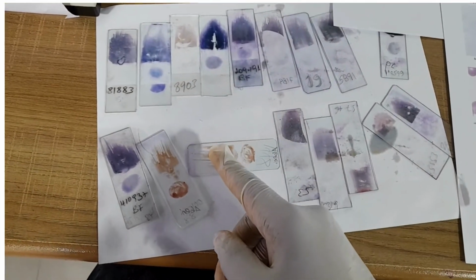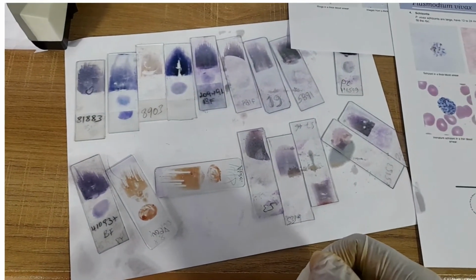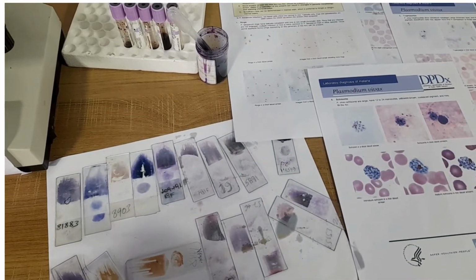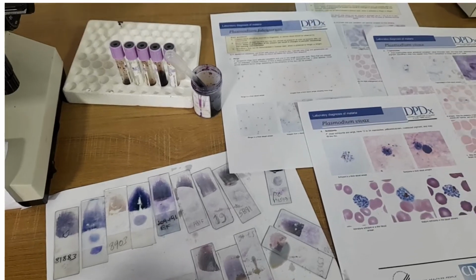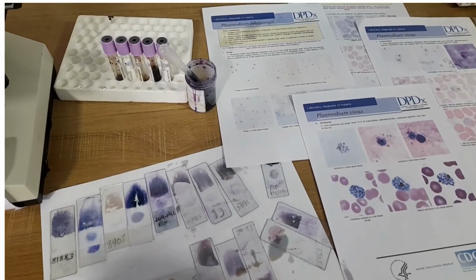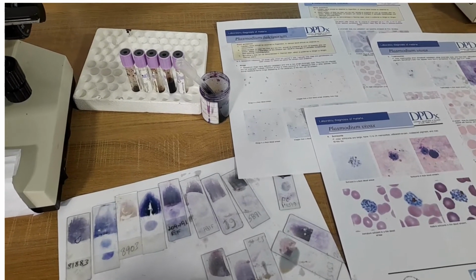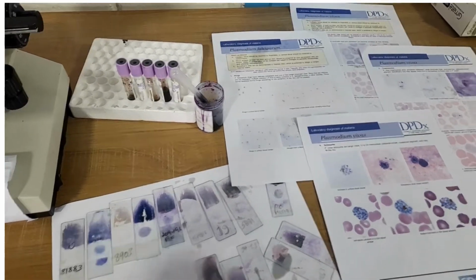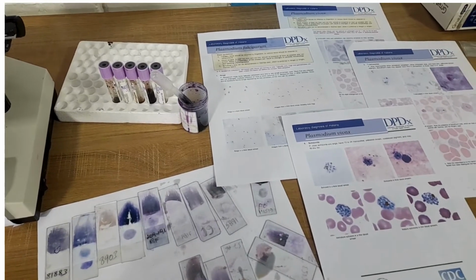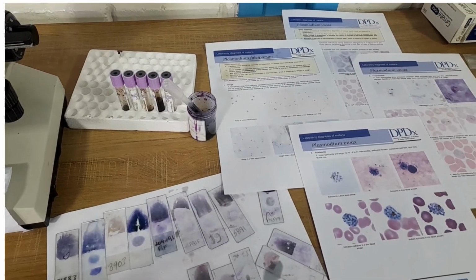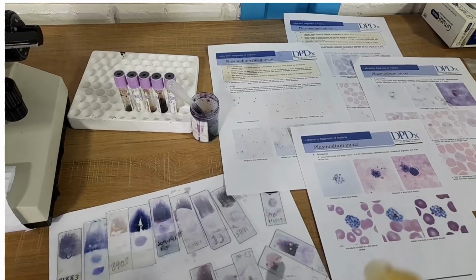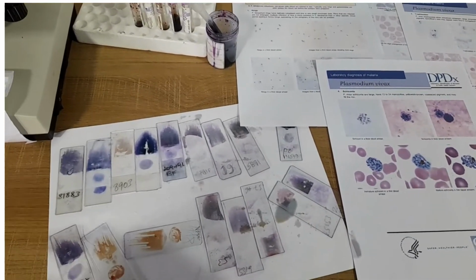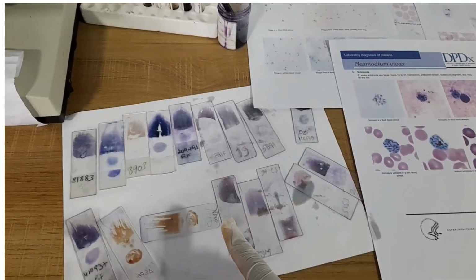The thin smear is also prepared in order to get a single layer, so that we can distinguish between the species of Plasmodium, maybe Plasmodium vivax or Plasmodium falciparum, because the two have different characteristics whenever they infect the RBC. We will see this in our next video, but for today we will prepare both thick and thin blood films.